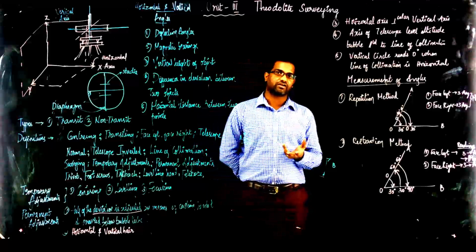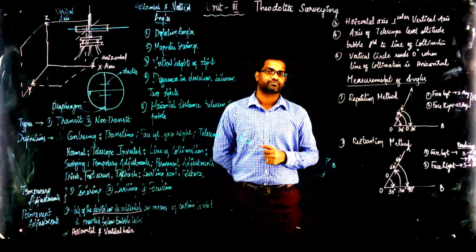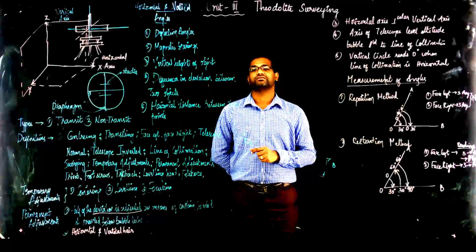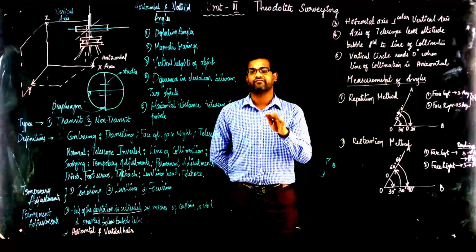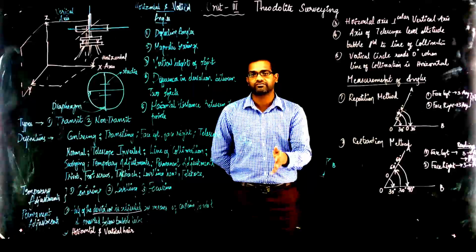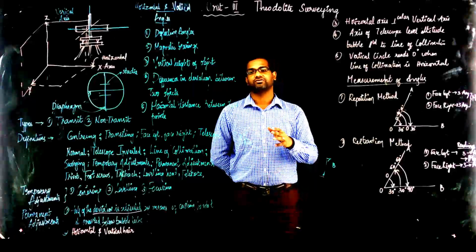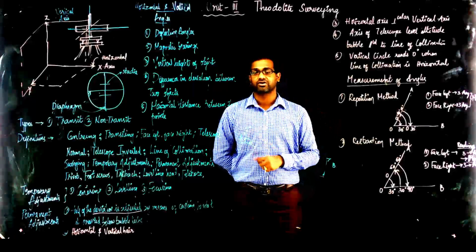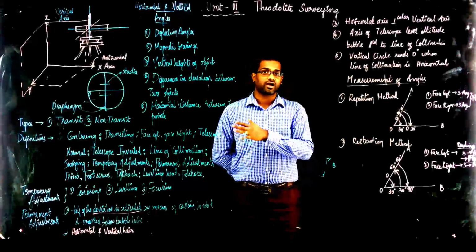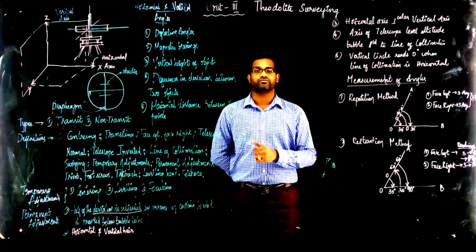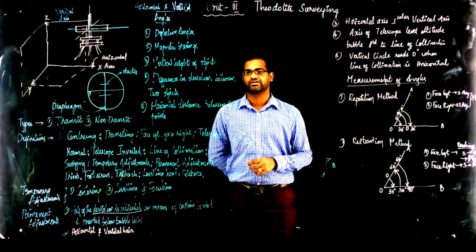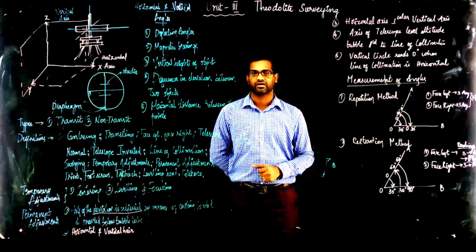In any closed traverse, if you have 5 sides, we assume that one of these sides has an exact forward bearing and back bearing difference of 180. But what if that side also is attracted to something and we got an error from it? So all the 5 sides have been under local attraction and not any one of their bearings is correct. That's a big challenge for us in order to plot our survey.